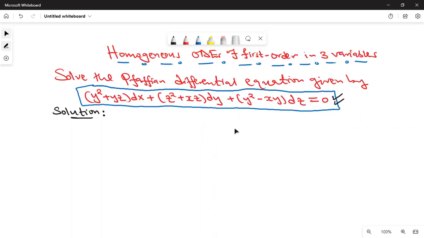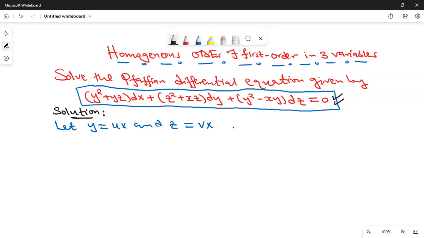So when you look at this equation, it is homogeneous of degree 2. Let us solve it as a homogeneous ODE. These are the substitutions you're going to make. Let y be equal to ux and z be equal to vx, where u and v are functions of x.